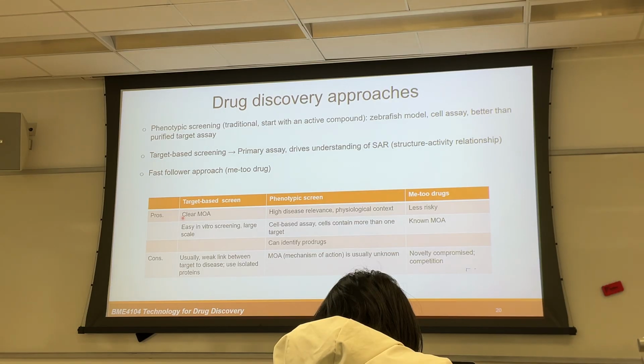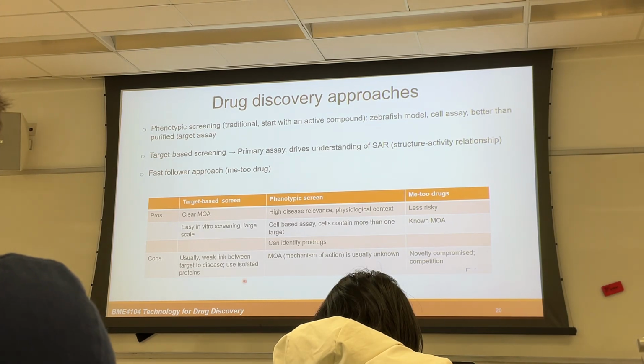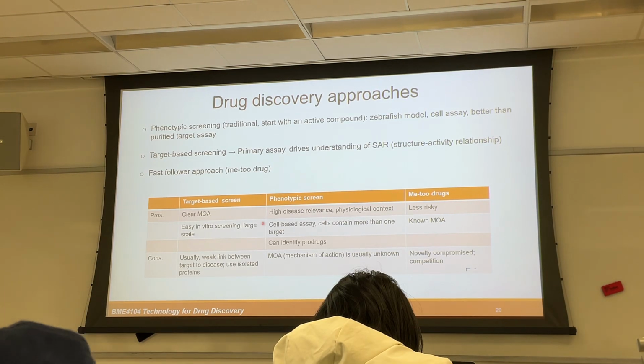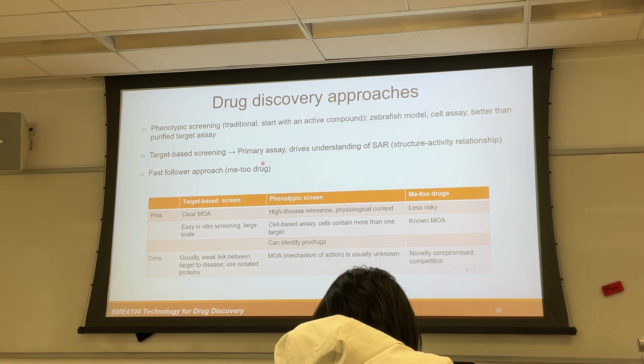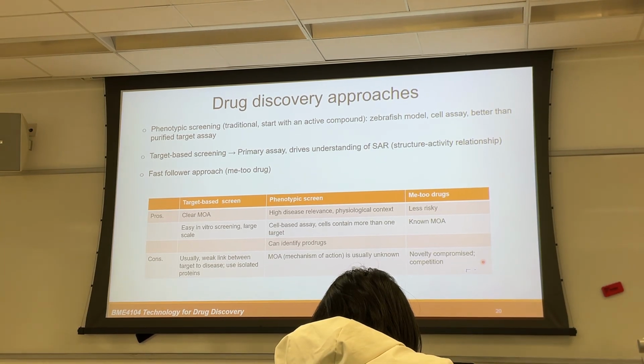But target-based screening also has a disadvantage: even though you know exactly the interaction between the ligand and the drug, it may not eventually work at the whole human level. With phenotypical screening, since you already start with a very high-level experiment, it's more likely to reach the ending point. And also the pros and cons of me-too drugs, which we also just briefly mentioned.